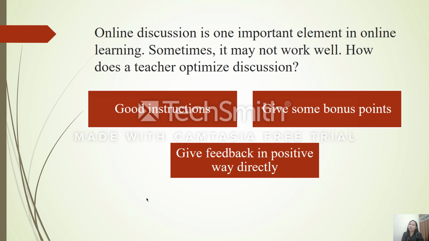So if the online discussion not work well, I think the way to optimize discussion are first we as a teacher can give good instruction, more clear than before, and then after that as a teacher we give some bonus points to make the learners or the students more interested to discuss in that online discussion.